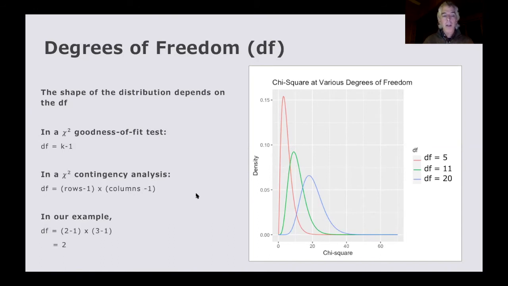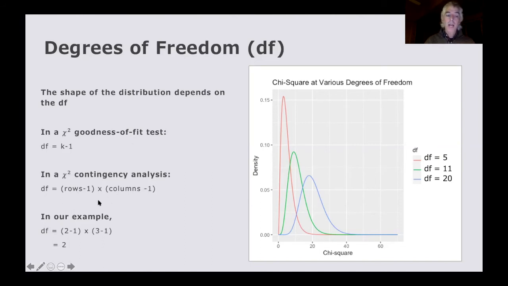If you remember in our chi-squared goodness of fit test, we calculated the degrees of freedom as the number of categories minus 1. In our chi-squared contingency analysis, the calculation of the degrees of freedom is a little bit different. In this case, the degrees of freedom are equal to the number of rows minus 1 multiplied by the number of columns minus 1.